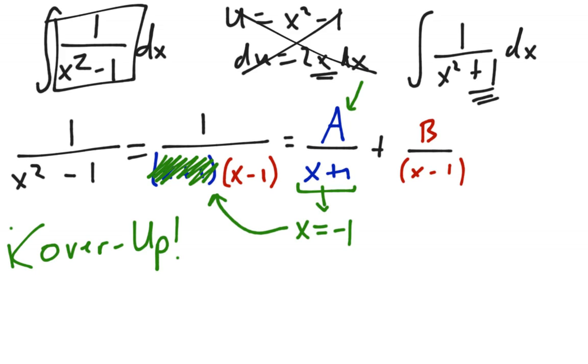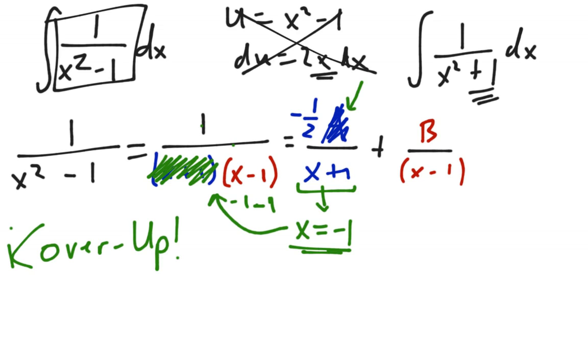Since we were looking at x plus 1, we cover up x plus 1. Next, we plug in the value of x that we chose. We plug in negative 1, and so we get 1 divided by negative 1 minus 1, which is negative 2, and so a is very simple: negative 1/2.